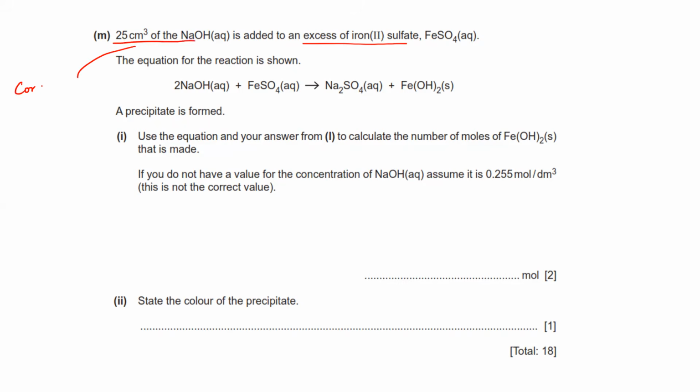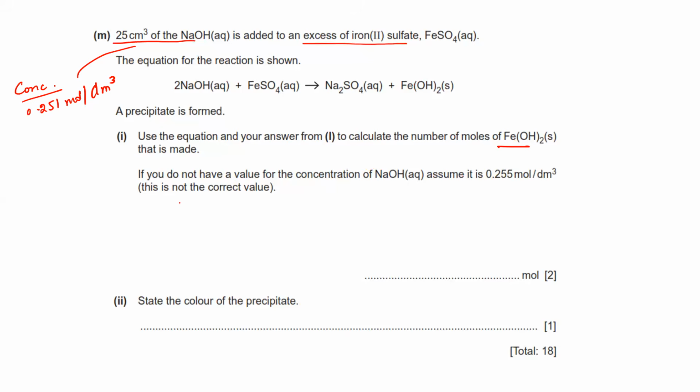So the concentration is 0.251 mole per decimeter cube. Calculate the number of moles of iron hydroxide, that is the precipitate. So remember, this is the precipitate that is made. We'll use this concentration.